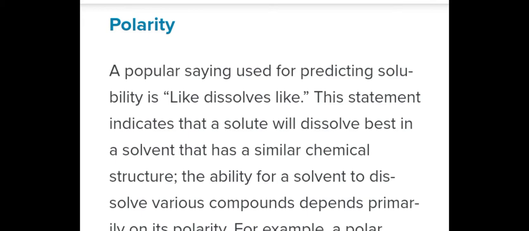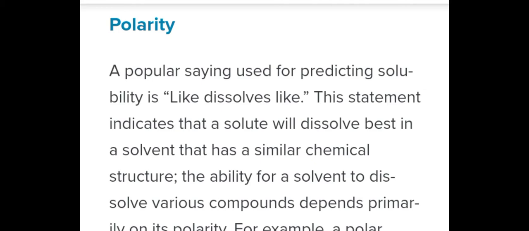So when the polarity of the solute increases, the more polar it is, the more amount of solute will be dissolved in water, because water is also polar. Because ionic compounds and polar covalent compounds are soluble in water.